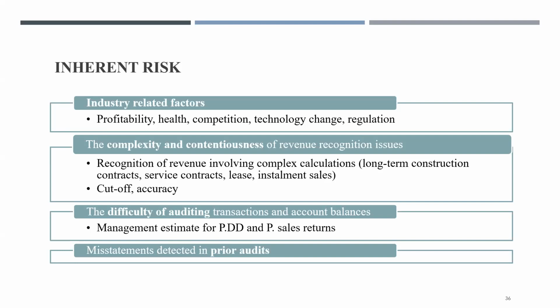So we wouldn't expect a lot of increase in the sales for this PPE manufacturer, right? But now, in these months, probably we could see a big jump in the sales. So let's consider our current situation. We are still the auditor for this PPE manufacturer. What would be your consideration in terms of its inherent risk?